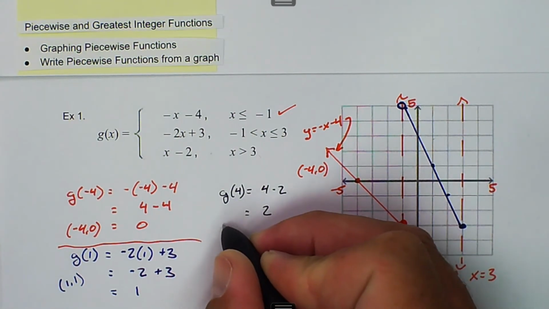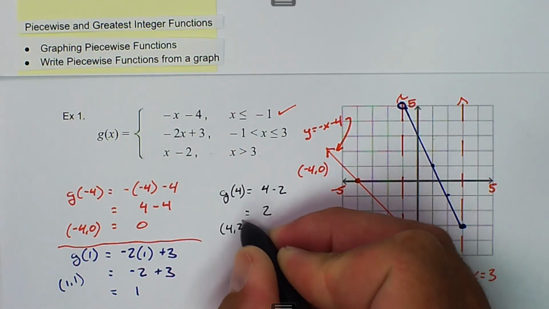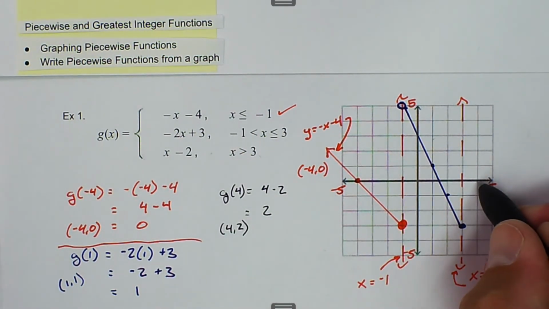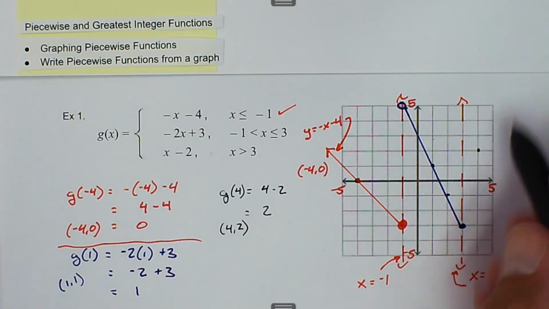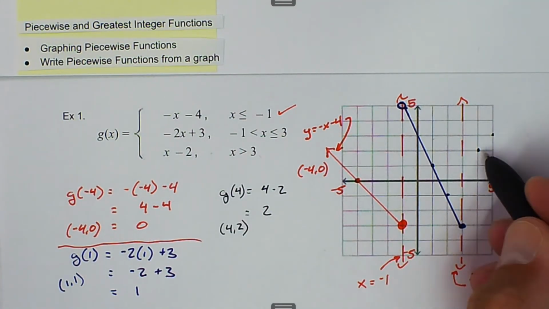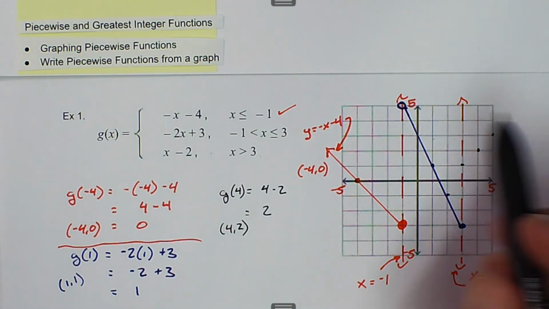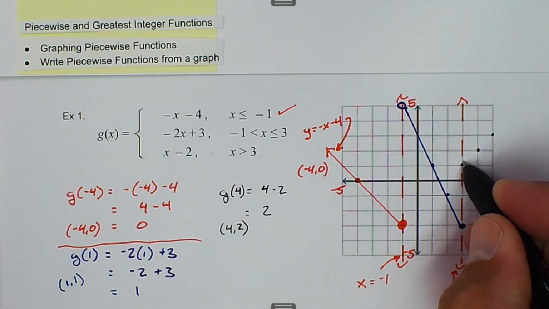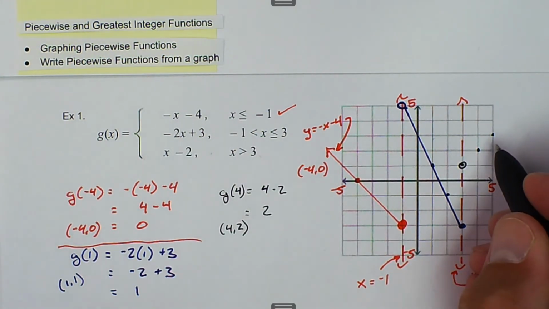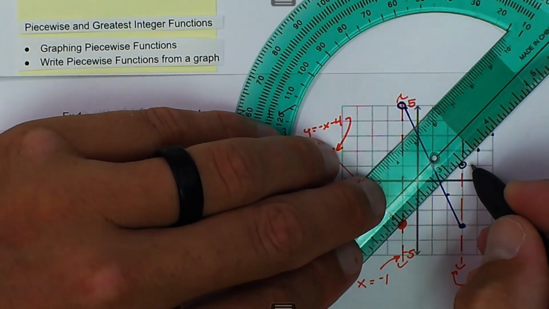So then we get the ordered pair 4, 2, right there. And our slope in this case is +1, so we go up 1 over 1. And we can go back 1, down 1. Here, 3 is not included, so we should have an open dot at 3. And then we can draw our line going up and to the right.